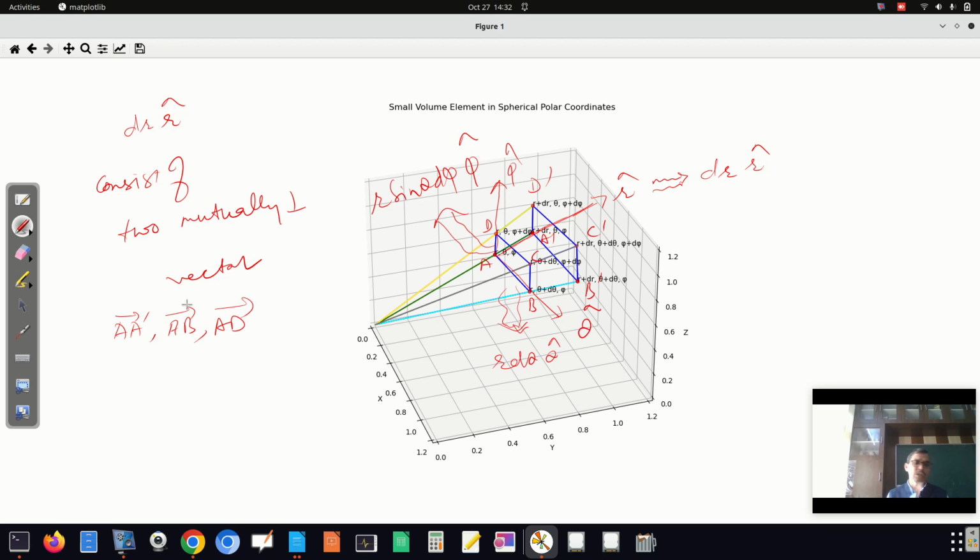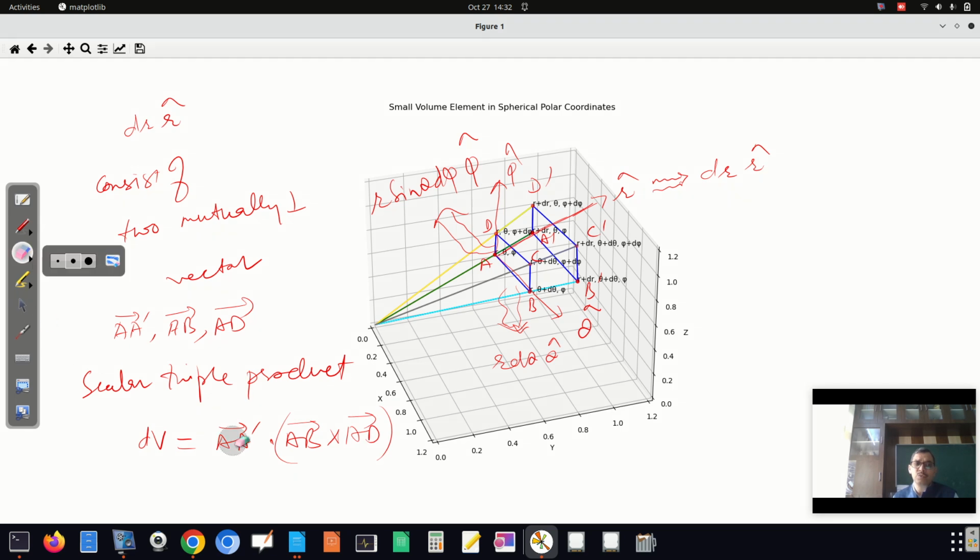So the volume element is basically the scalar triple product, because I am considering a small region. It is AA prime vector dot AB cross AD. This is used to find the volume of this one.